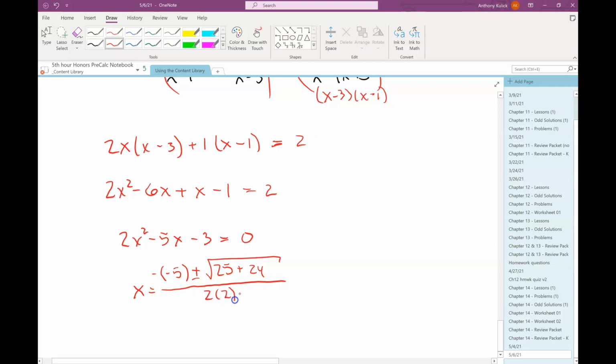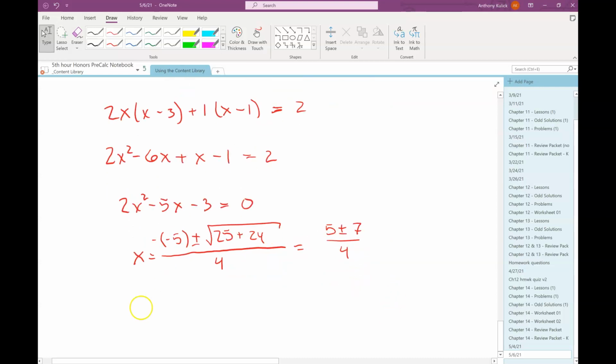Over 2 times 2. Okay, so that's 5 plus or minus the square root of 25 plus 24, which is 49, and the square root of 49 is 7. So 5 plus 7 divided by 4 is 3. And then 5 minus 7 divided by 4 is negative a half.